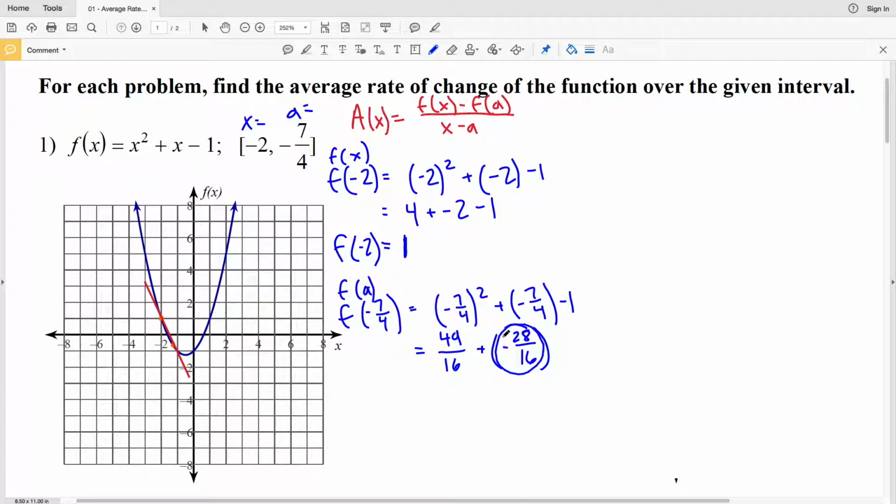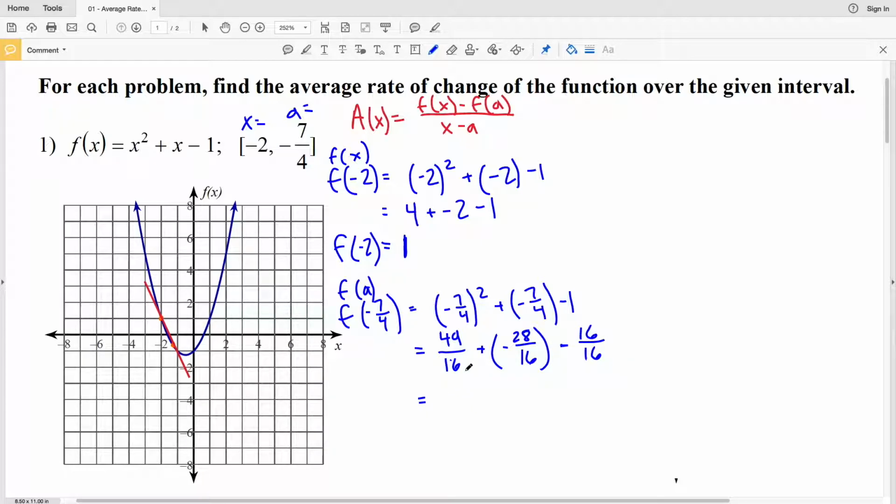And again, what I did here, I just made my fractions have a common denominator. When we squared that first fraction, our new denominator was 16. So I multiplied both the numerator and denominator by 4 so that I get a denominator of 16. Now I can add those. And then we're going to subtract 1, which I'll write as 16 over 16. So now we have a common denominator between all of our fractions.